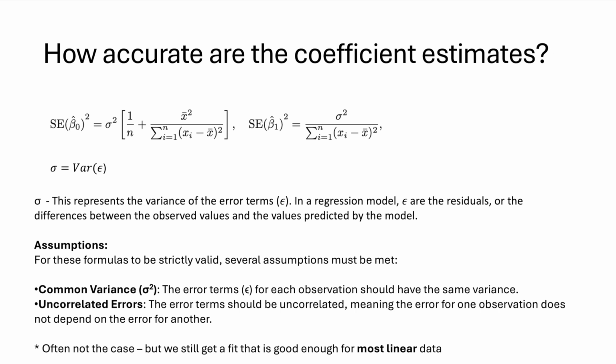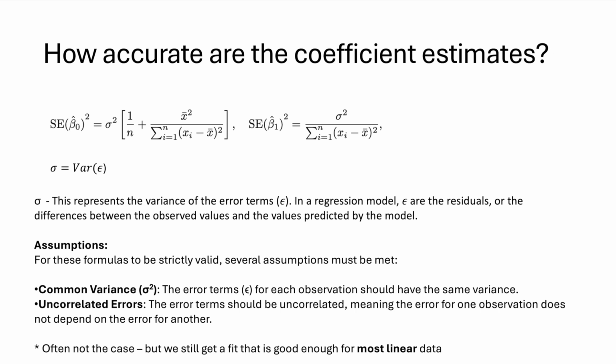Just to give you an example, let's say the sigma, which is the standard deviation of the errors, is 10, and the spread of x is 50. Then the standard error of beta 1 is 10 divided by the square root of 50, which is approximately equal to 1.41.